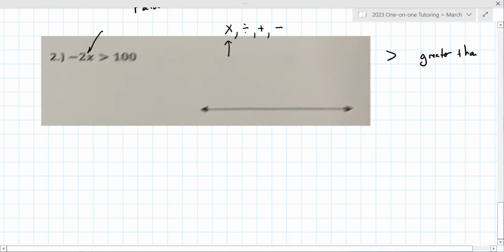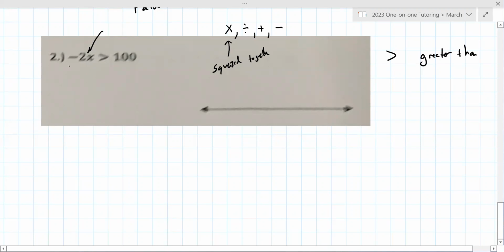They're squeezed together. The negative is associated with the 2, not with the x. Oh, okay. It's a descriptor basically. So the -2 is multiplying x. That's what I was trying to get you to tell me.